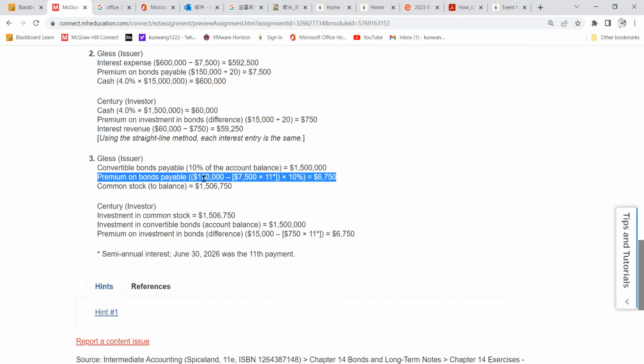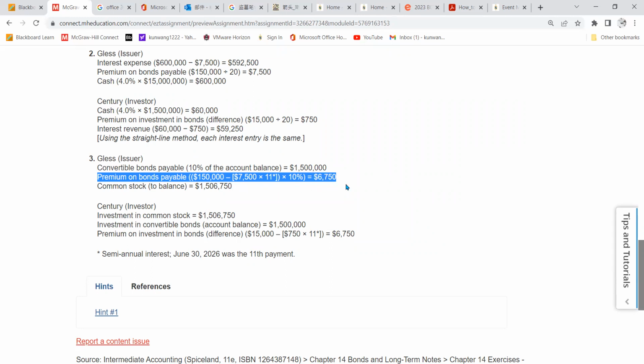The total premium is 150,000, and by the beginning of 2029 you already amortized 11 periods, 11 half years. So 7,500 times 11 is how much has been amortized. Then the remaining, we have 9 unamortized periods. So that's how you get it, then multiply by the 10%.